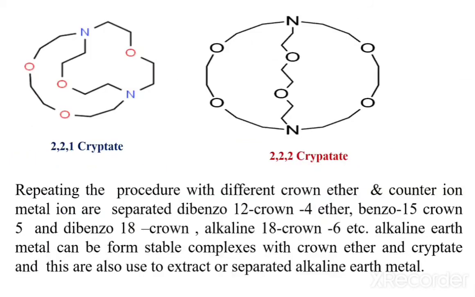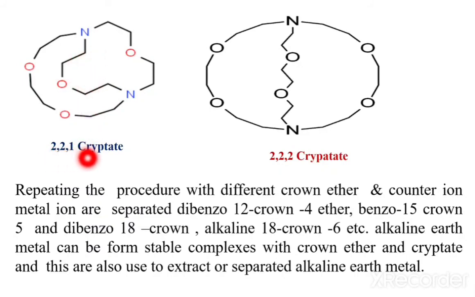Okay. Now another example, 221 cryptate. In 221, only one oxygen atom is between the two nitrogens, and the remaining structure, as we know from the crown ether, is the repeating unit of the ethylene molecule: CH2 CH2, oxygen, CH2 CH2, nitrogen, again CH2 CH2.